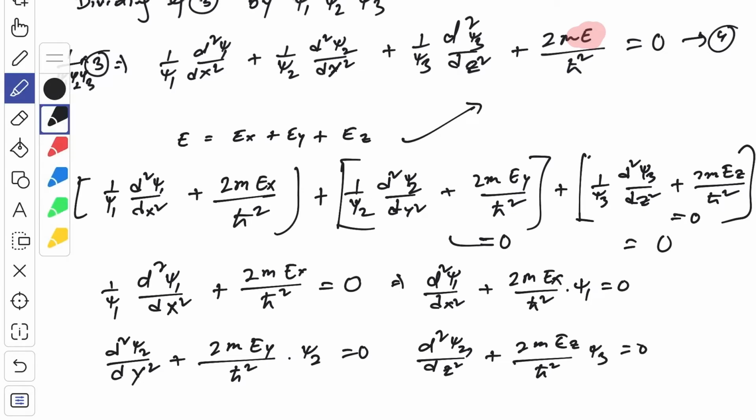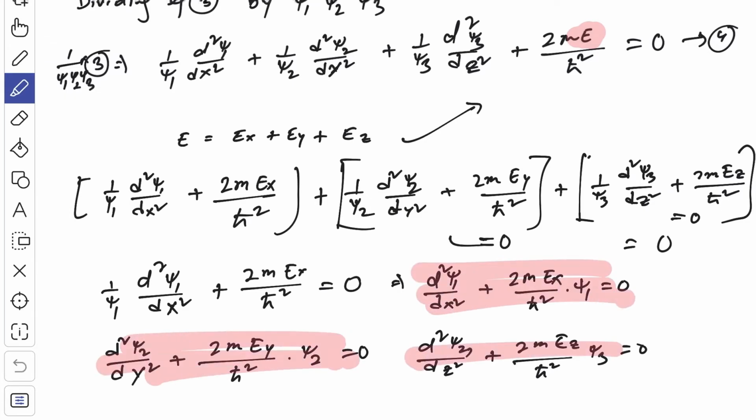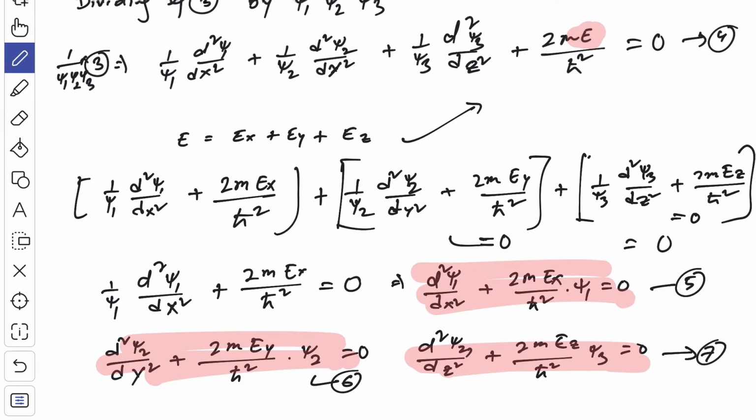So we will get these three equations. Now this is suppose equation number 5, this is equation number 6, and this is 7.